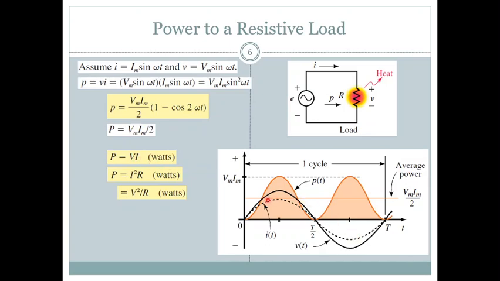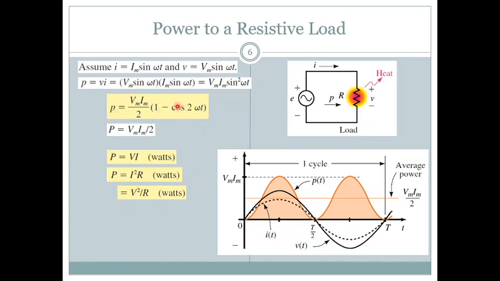And from this graph you can see what we do in creating this graph: you basically multiply each point, or basically you plot this waveform. Because it is 1 minus cos 2 omega t, the total waveform is in the positive direction, because the maximum value that the cos can go to is plus 1, so 1 minus 1 is 0, right?